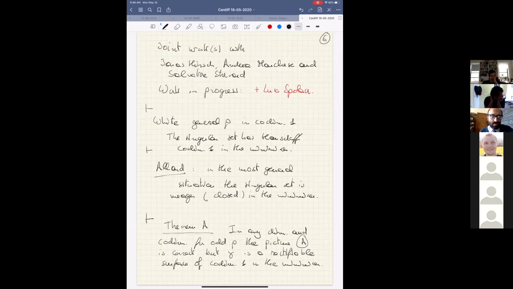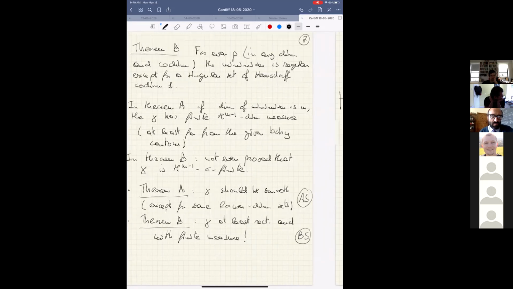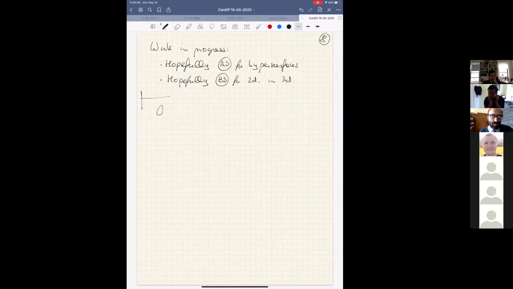So if you look at our theorem A, essentially one interpretation of theorem A is that you are actually looking at some kind of very geometrical and nonlinear free boundary problem.